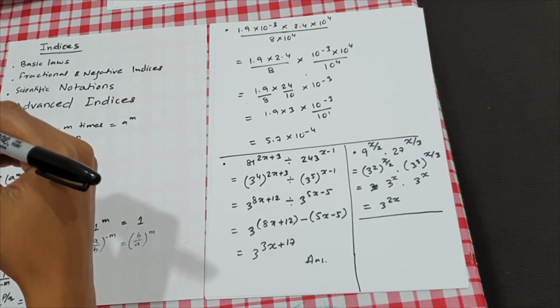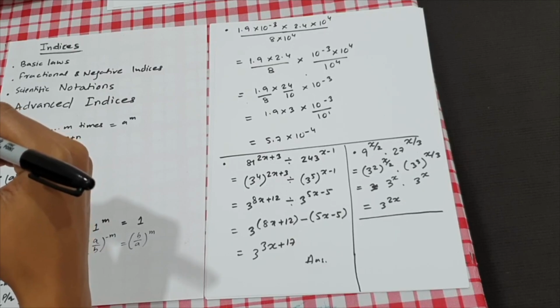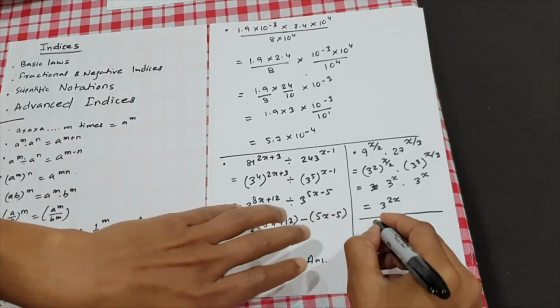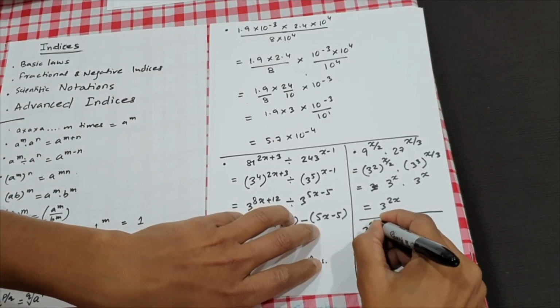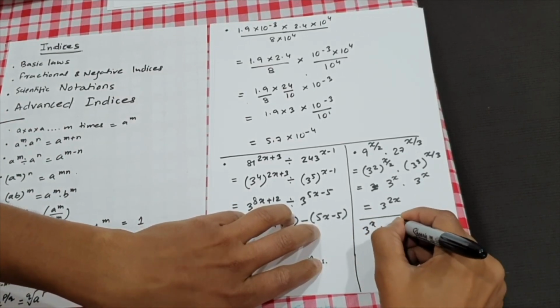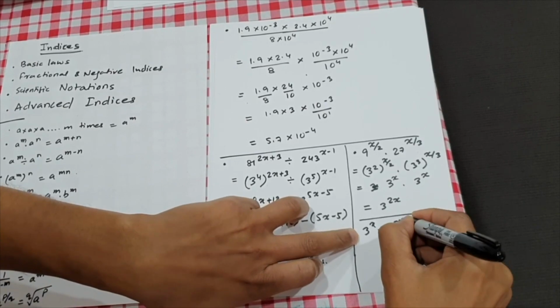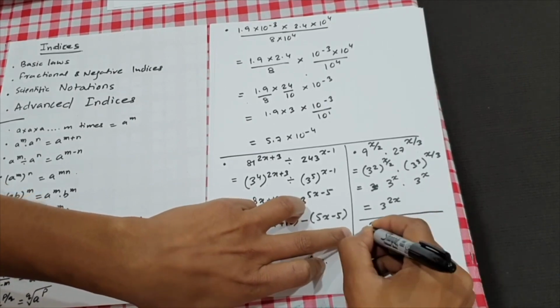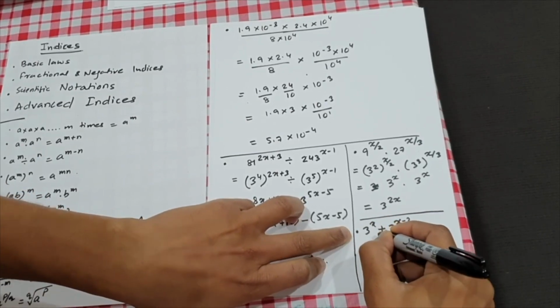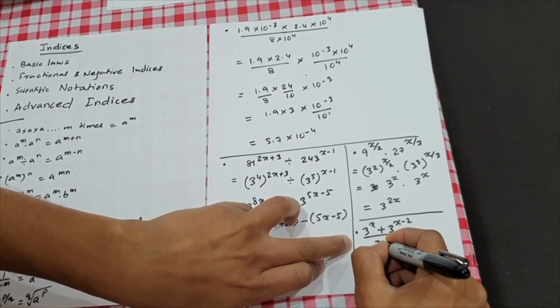Okay, so if you have something like 3 to the power x plus 3 to the power x minus 2, divided by 3 to the power x.